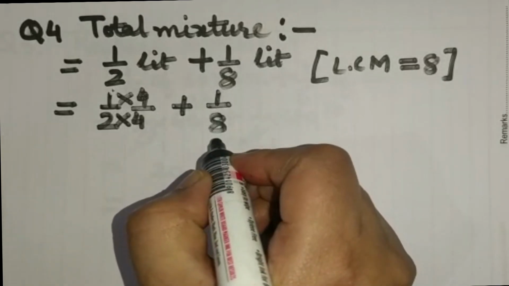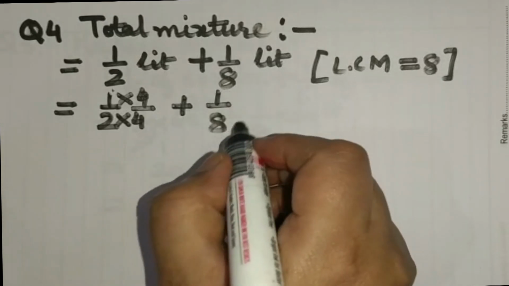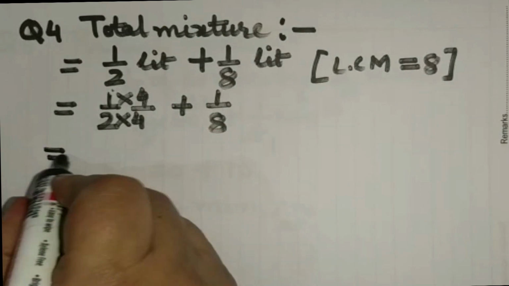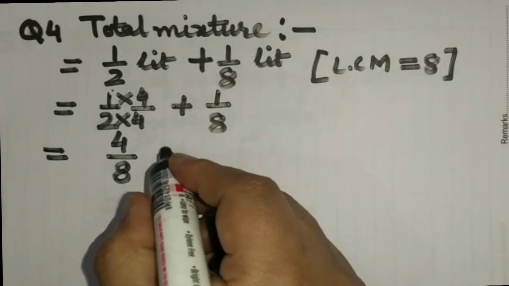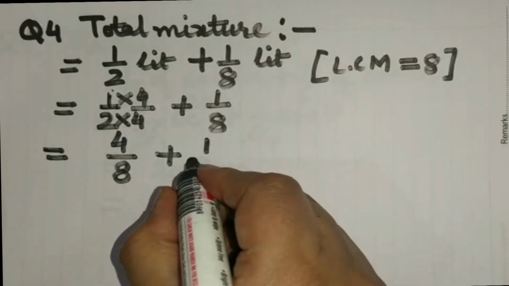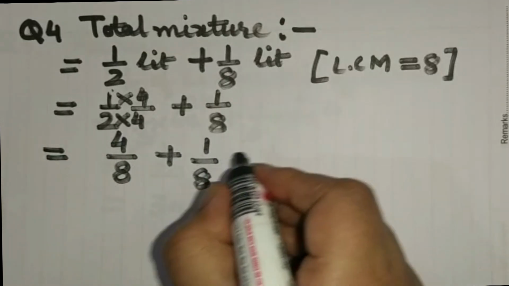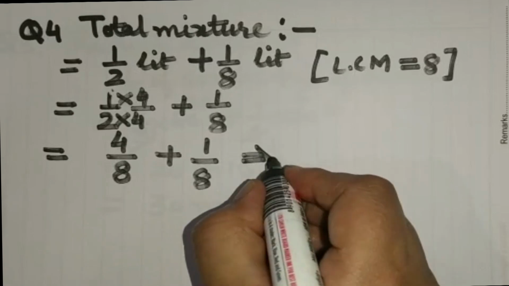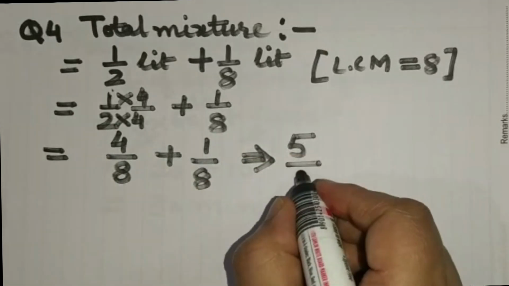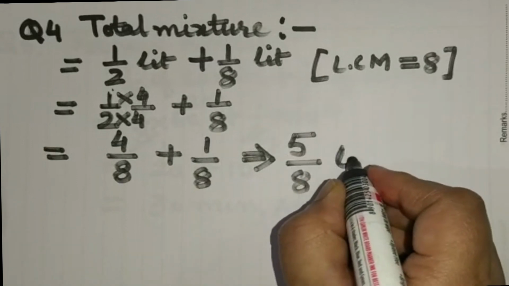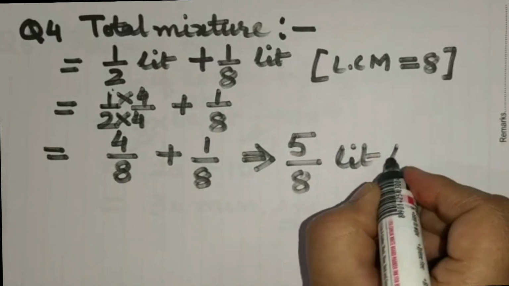Here the denominator is the same, so we leave it as it is. Now 4 ones are 4, 4 twos are 8, plus 1 upon 8. So the total mixture is 4 plus 1, 5 upon 8 liter. Answer.